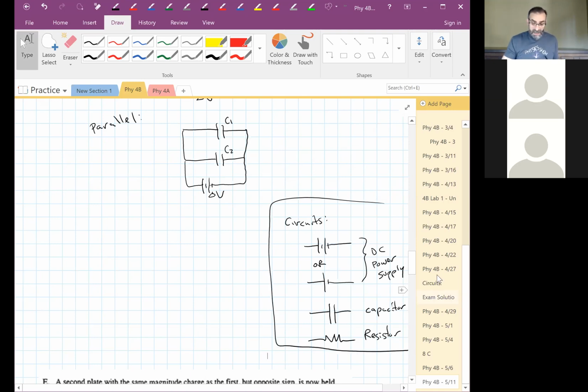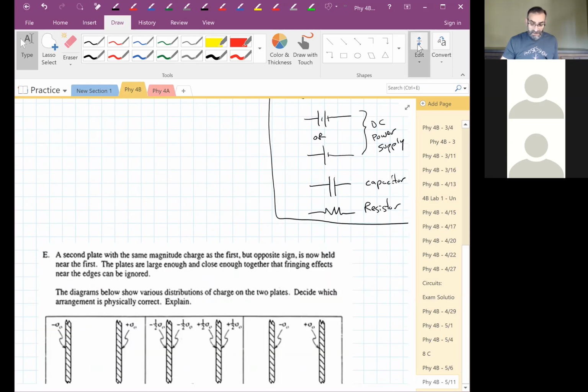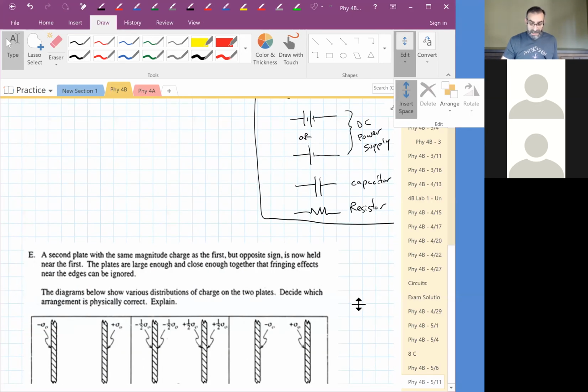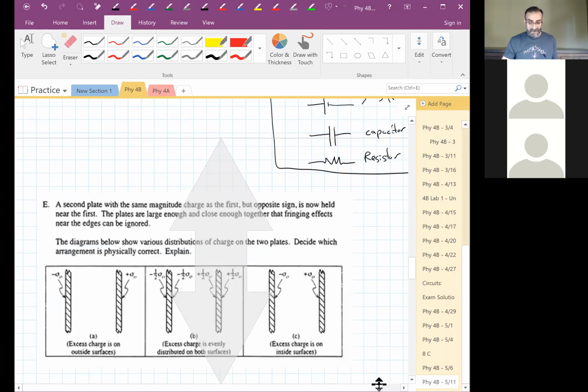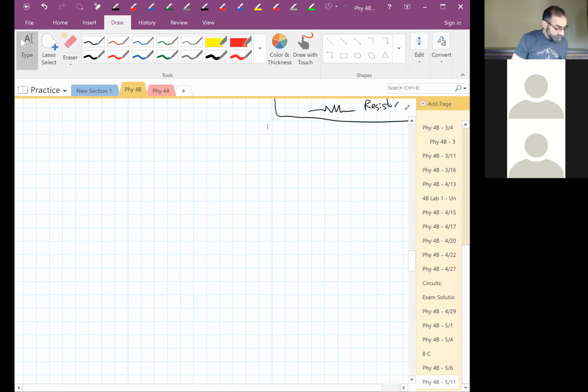All right, so let's talk about parallel for a second because capacitors are a little different, right? We're not going to end up with the same formulas for capacitors that we had for our resistors. Start with parallel.